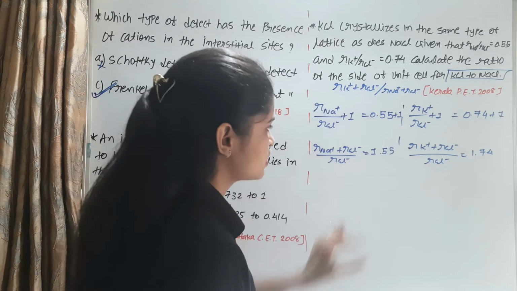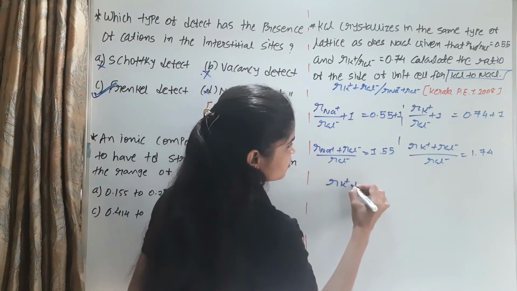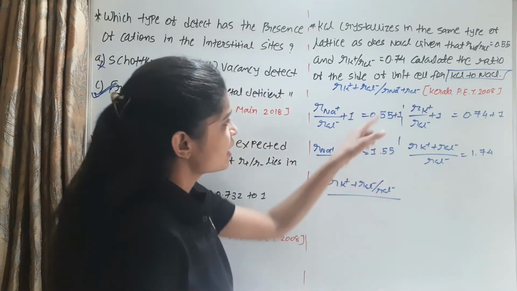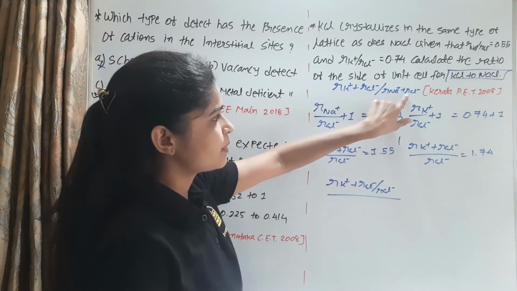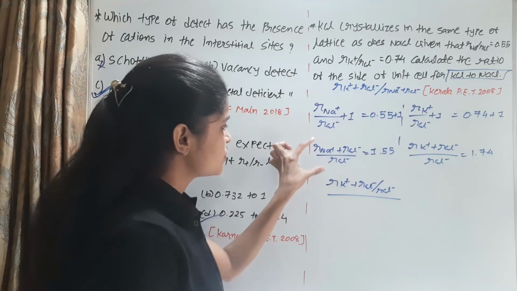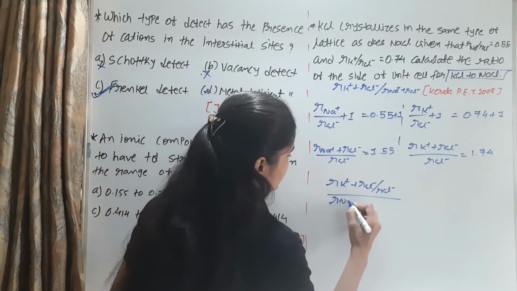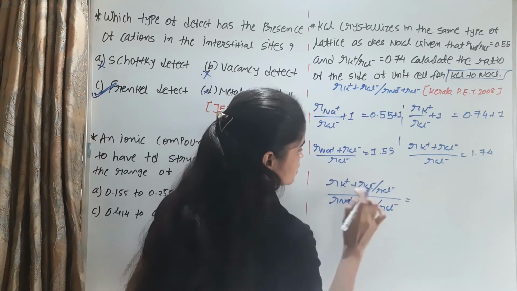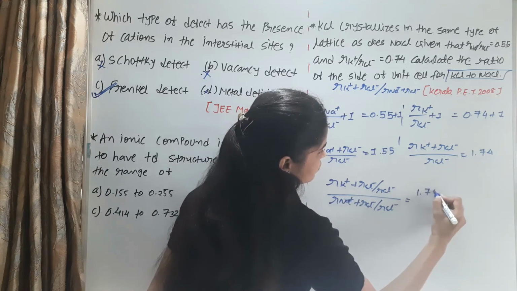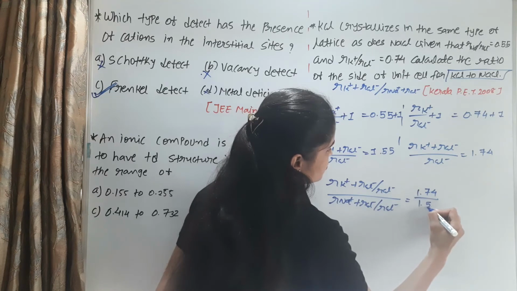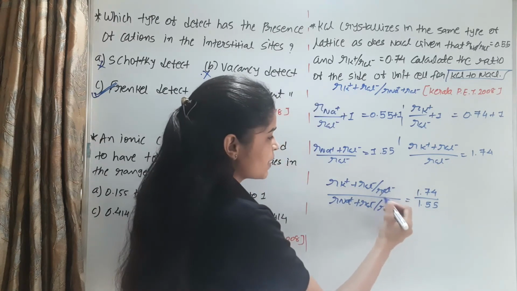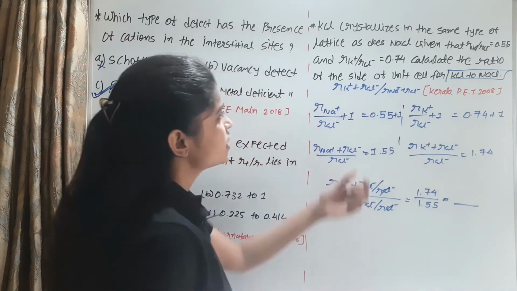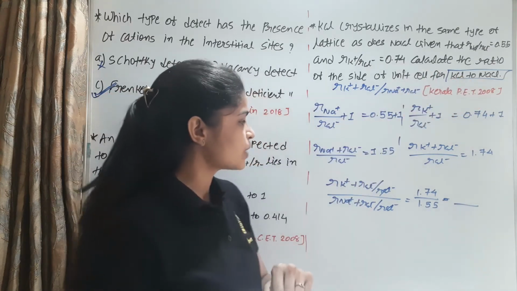So we divide this equation by the equation for R(Na+) plus R(Cl−). This value is 1.74 and this is 1.55. Cl− cancels out. It gives the answer, the ratio of KCl to NaCl.